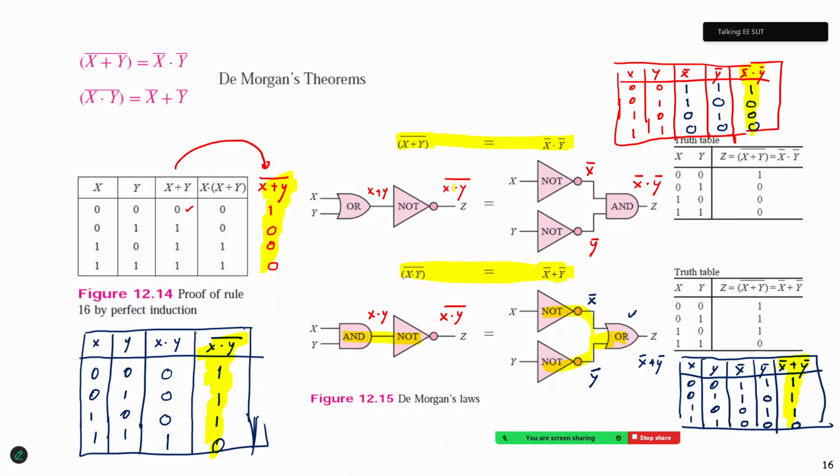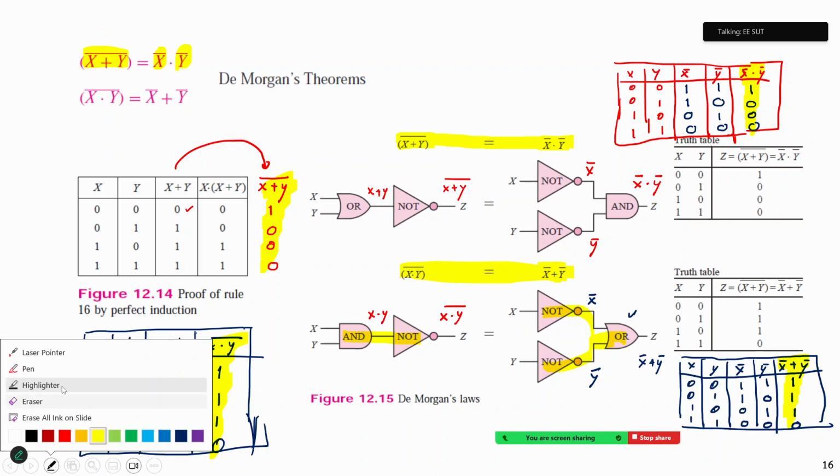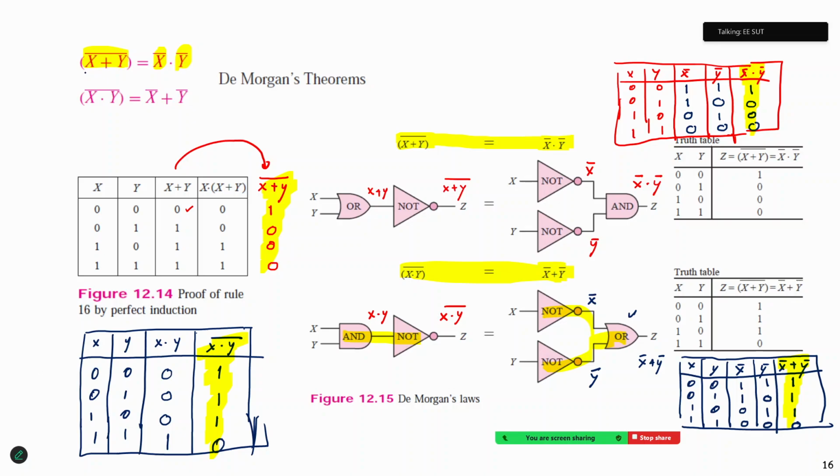Therefore, in this slide, we just prove (x plus y) inverse equals x inverse multiply y inverse. X or y, then inverse is x inverse and y inverse.